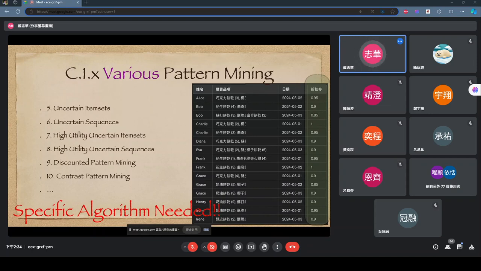It's not like classification. No matter whether you use a random forest or SVM or SVC, or ANN or CNN or whatever, all those algorithms do the same thing.